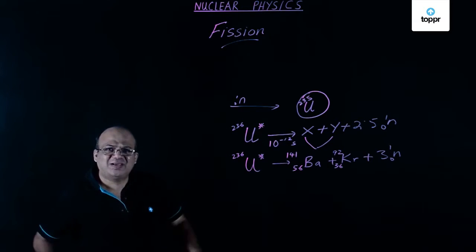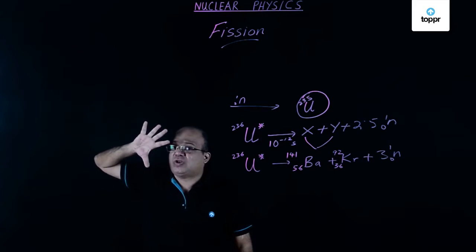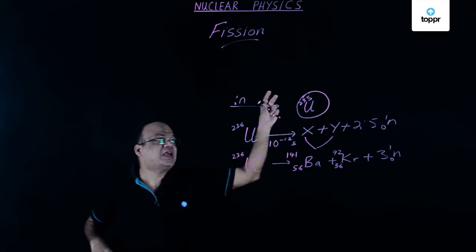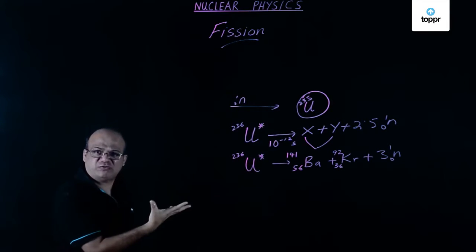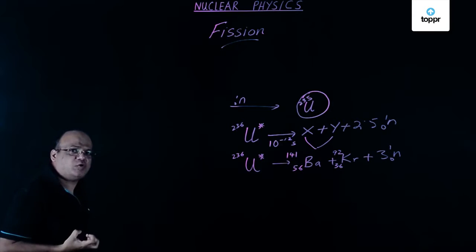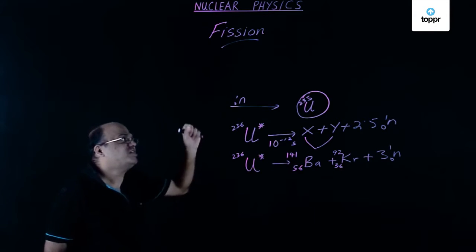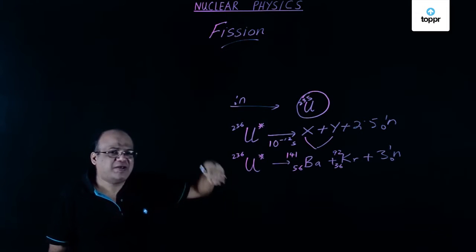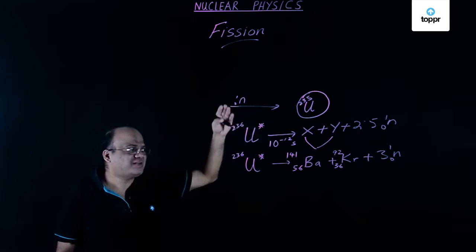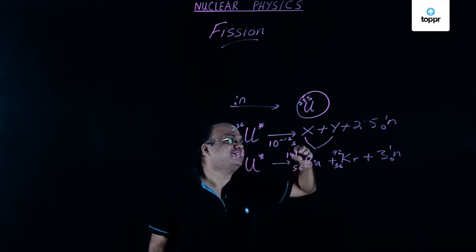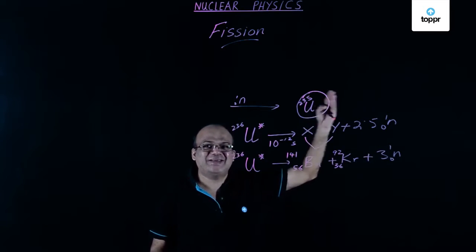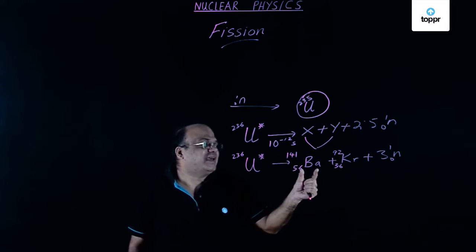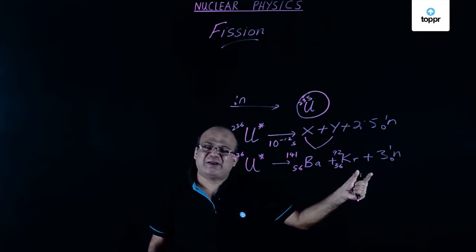So this is nuclear fission. Nuclear fission is initiated when a heavy nucleus like uranium-235 captures a slow neutron. This is called thermal neutron. Then it breaks up into two parts, which are not at the extreme, they are in the middle of the periodic table, you can say. Like they are broken up into barium and krypton.